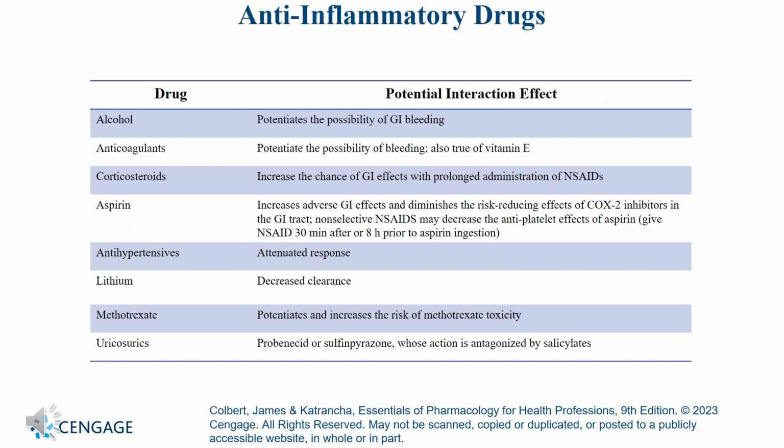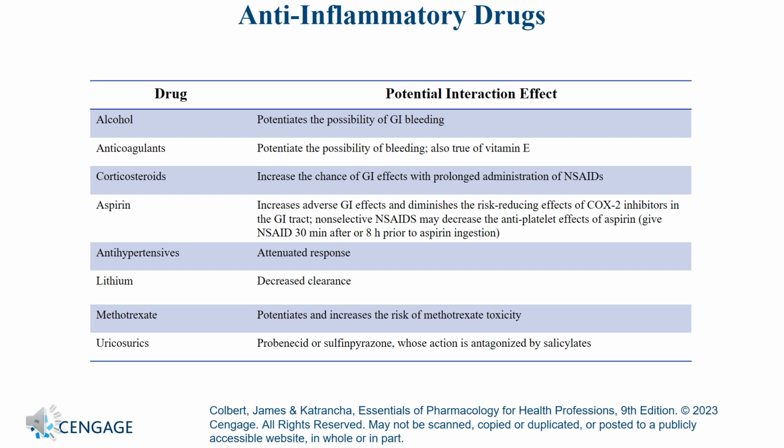Anti-inflammatory drugs. We're going to look at the drug and the potential interaction effects. Alcohol potentiates the possibility of GI bleeding. Anticoagulants potentiate the possibility of bleeding, which is also true for vitamin E. Corticosteroids increase the chance of GI effects with prolonged administration of NSAIDs.